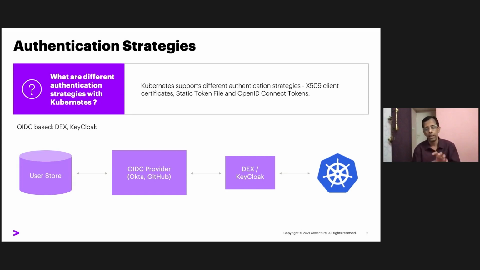There is a concept of cluster role binding. A particular role is given to a user identity, and accordingly, necessary permissions are granted for different actions that need to be performed by the user on the Kubernetes cluster.